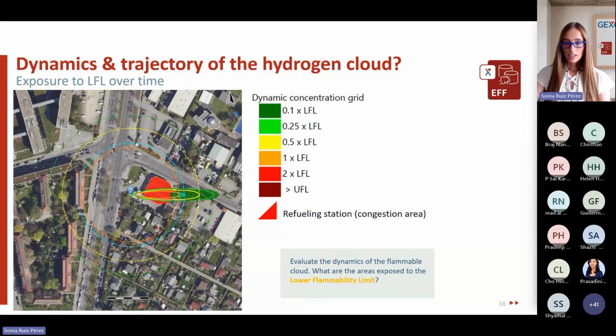This dynamic analysis helps us understand which areas will be exposed to hydrogen's flammable concentrations and enables us to plan for necessary safety measures, such as controlling ignition sources and designing effective venting systems.